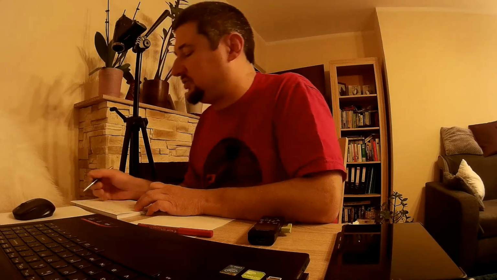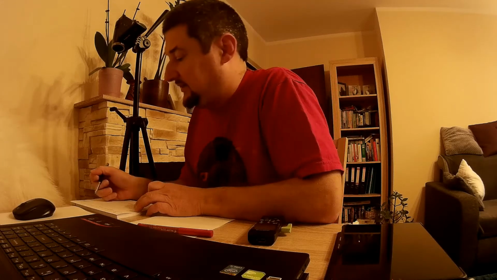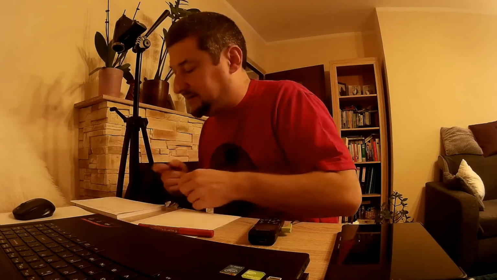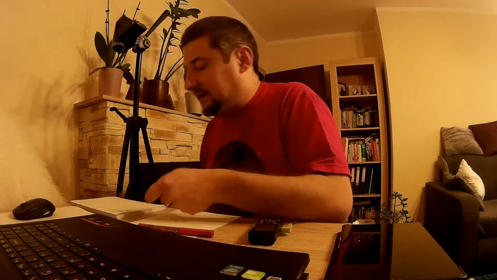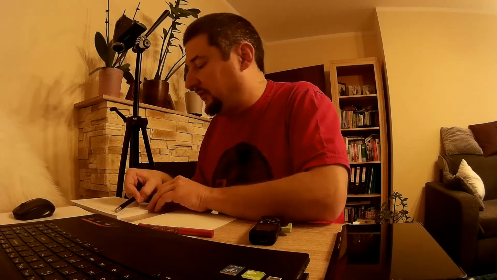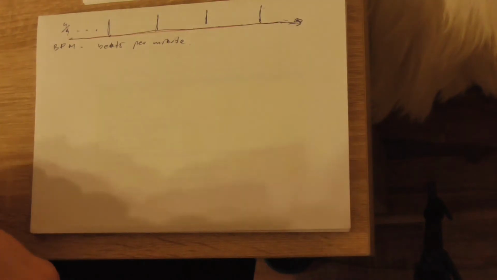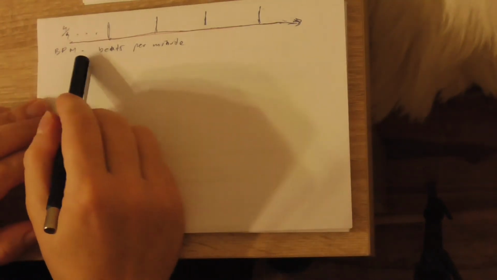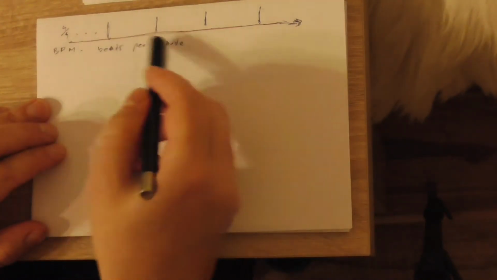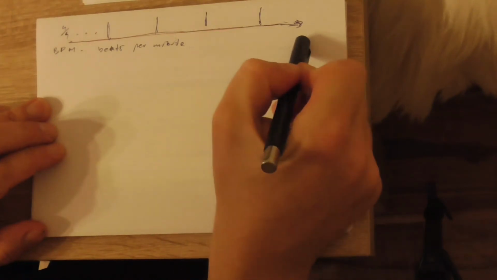Music is written in scores, or used to be; nowadays there are just buttons. But anyway, there's a time signature: 3/4, 4/4, and such. And BPM tells how many of these quarters count into a minute.